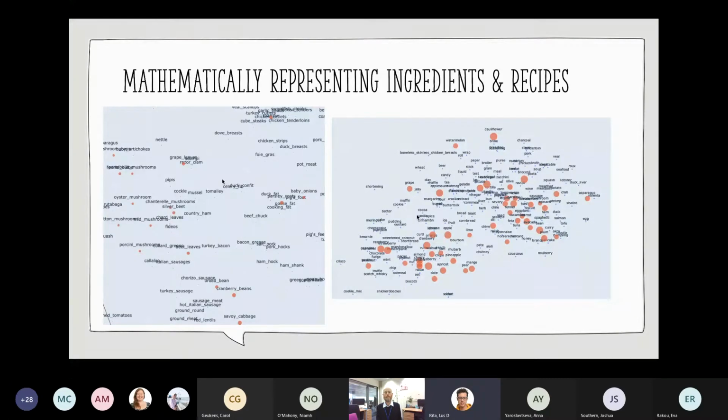Or we also have different techniques that are called graph embeddings. In graph embeddings, each ingredient is seen as a node in a graph, and the connections between nodes represent the probability of co-occurrence of these ingredients in the same recipes.